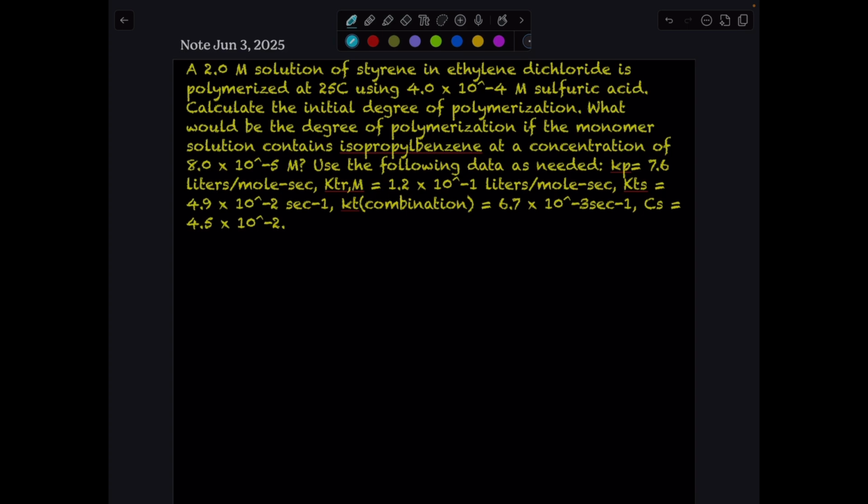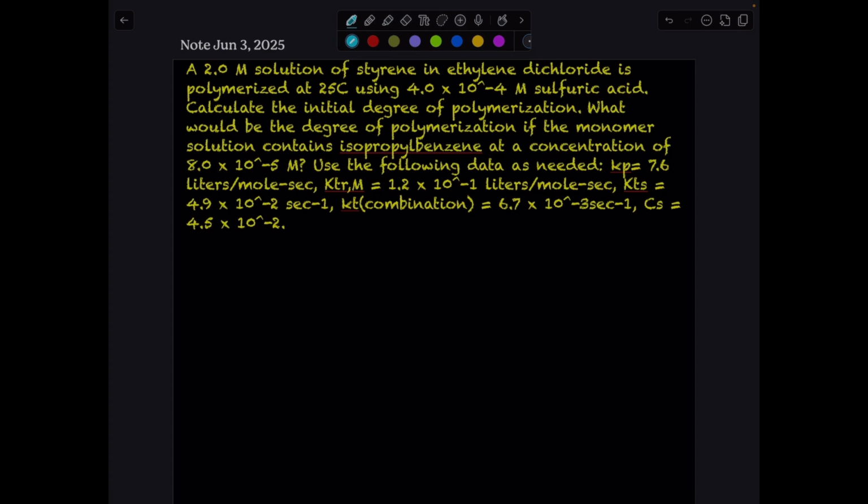Kt, the rate constant for termination by combination of the propagating center with the counter ion, is 6.7 times 10 to the negative 3 per second. And Cs, which is the chain transfer constant for the chain transfer agent S, is 4.5 times 10 to the negative 2.